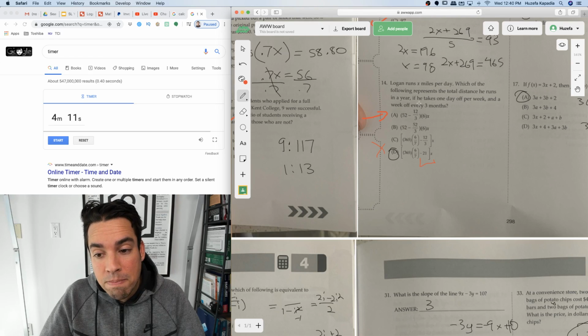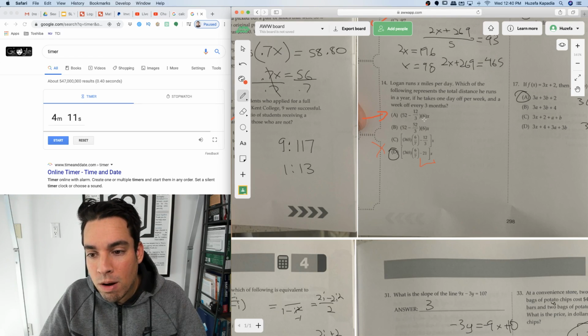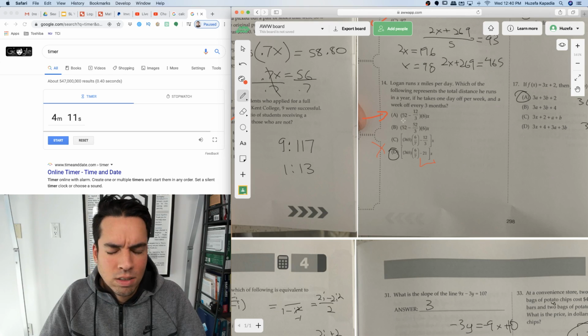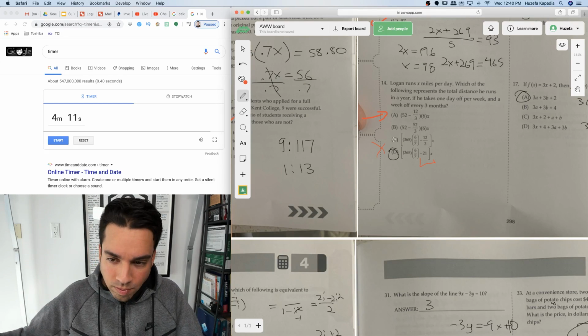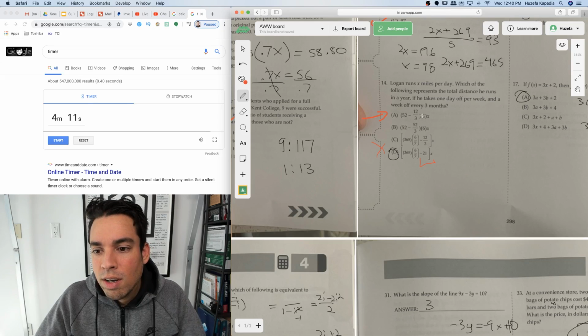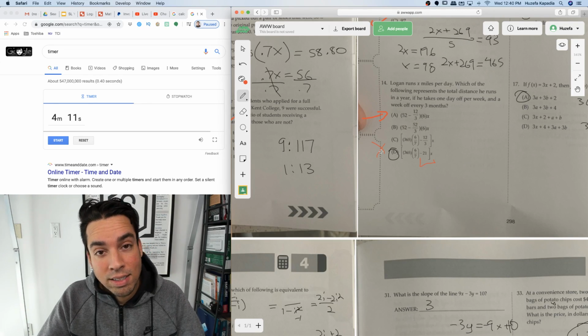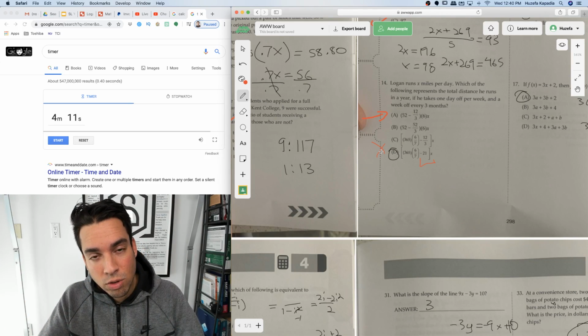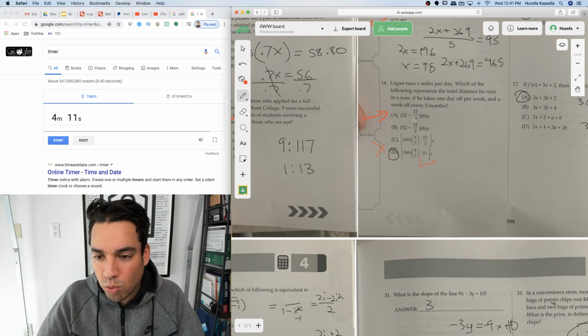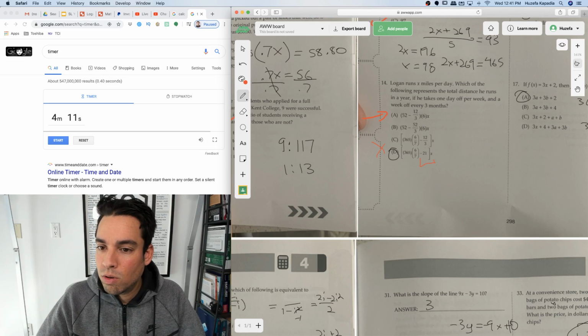I think it should be 24 because I immediately dismissed A and B. Problem is I didn't notice the 6 out here, because number of weeks doesn't make sense. I totally missed that. If you multiply by 6, that's 6 days times 52, which gives you the 312. And then here's that 4, right? 4 times 6, not 7, but 6, because it's an additional 6 days for those 4 weeks that he takes off, which gives you the 24. So I got that one wrong too.